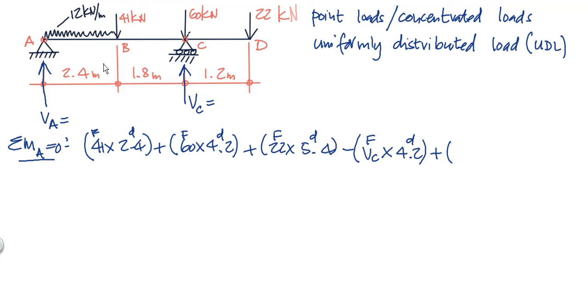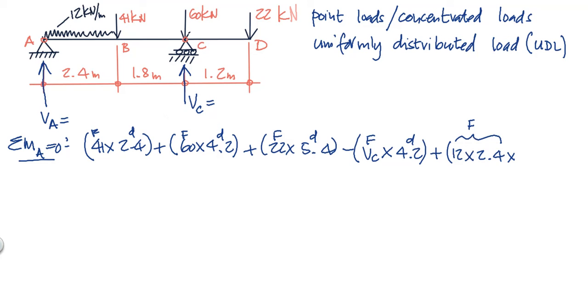So, for UDL, this is what we do. We say 12 times 2.4, how much it weighs per meter, multiplied by how long it is, and that there is the force. And what's a moment? A moment is a force multiplied by a distance. And what's the lever arm for the UDL? Are you tuning in?